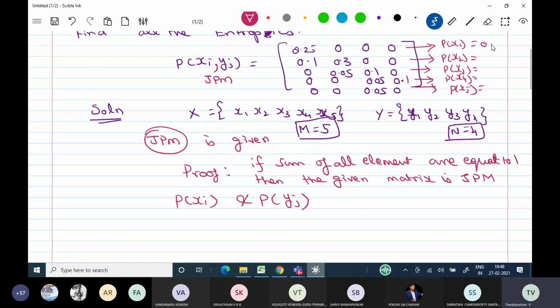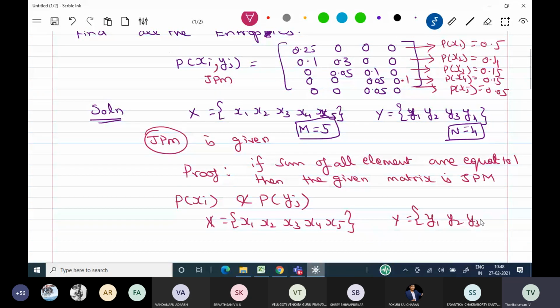From the joint probability matrix, you have to calculate source symbol probabilities by adding all the elements in a row. So the first row is going to be 0.25, the second row 0.4, next one 0.15, this is 0.15, and this is going to be 0.05, like this. So x consists of x1, x2, x3, x4, x5. There are 5 symbols. Y consists of y1, y2, y3, y4. So here m is not equal to n.